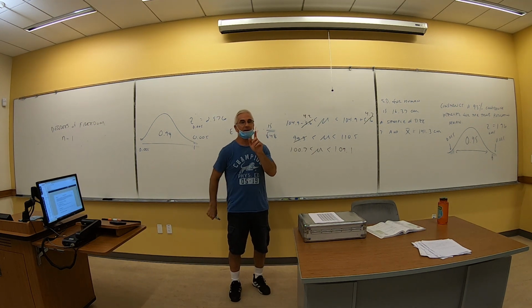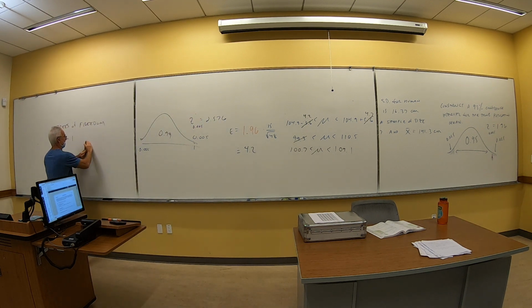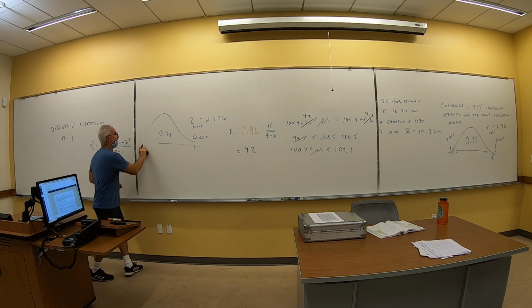Now, go back to the calculation of sample variance, our short calculation. It's the sum of the squared scores, I'll write it this way, minus n times x bar squared, over what? N minus 1.